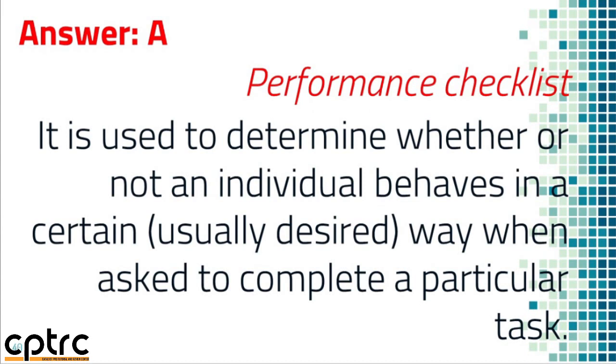A performance checklist is used to determine whether or not an individual behaves in a certain or the desired way when the students are asked to complete a particular task. So the teacher will simply observe and roam around the classroom and look into the performances of the students by using a performance checklist, whether or not the student was able to do the task or not.